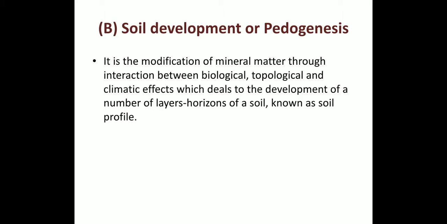So this way soil development or pedogenesis is the modification of mineral matter through interaction between biological, topological and climatic effects, which leads to the development of a number of layers, horizons of a soil, known as soil profile.